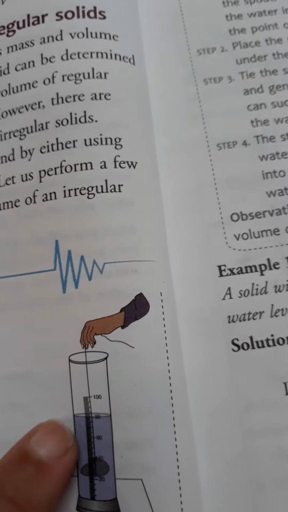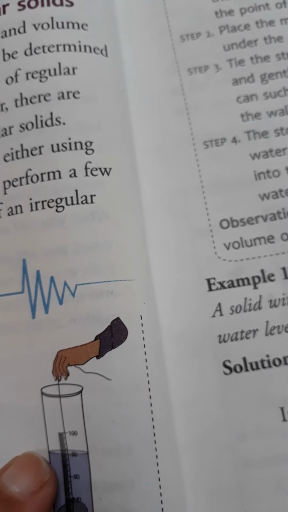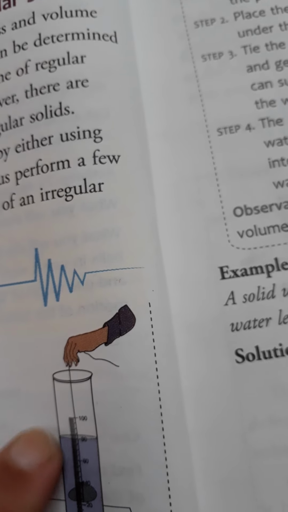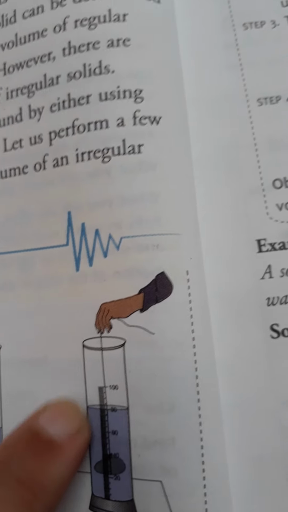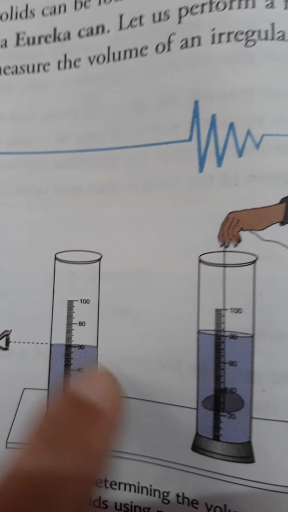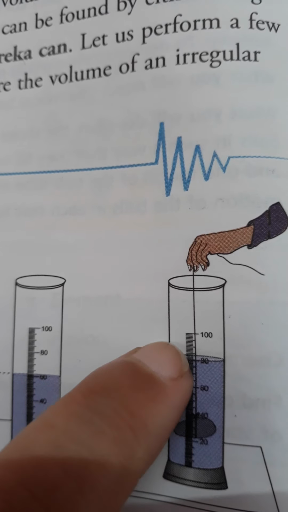Then you find out how much water is displaced, or how much the water level has risen. At first the water level was at one position, and now after immersing the stone, the water level has increased.